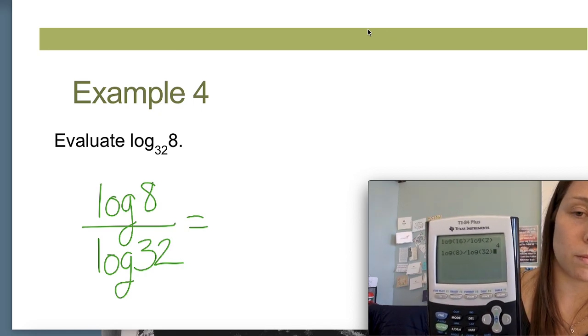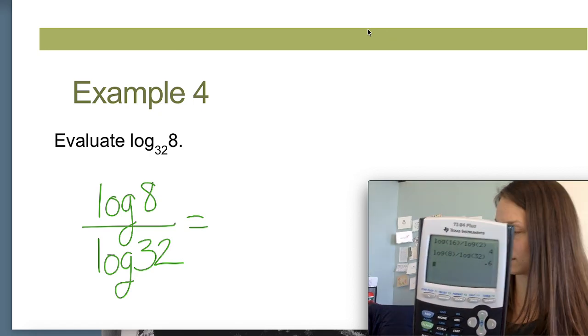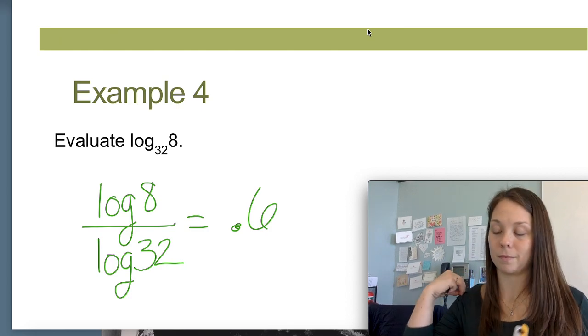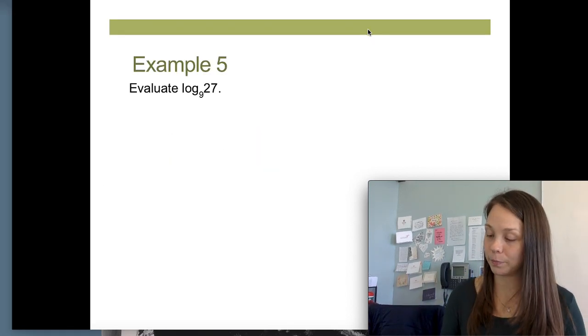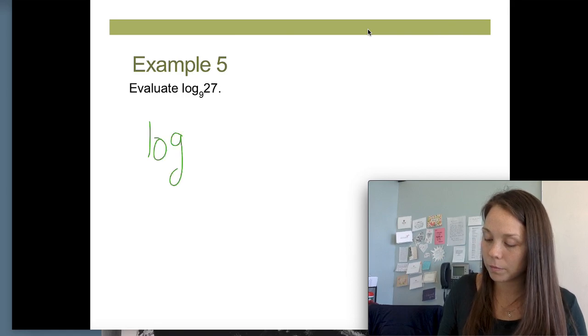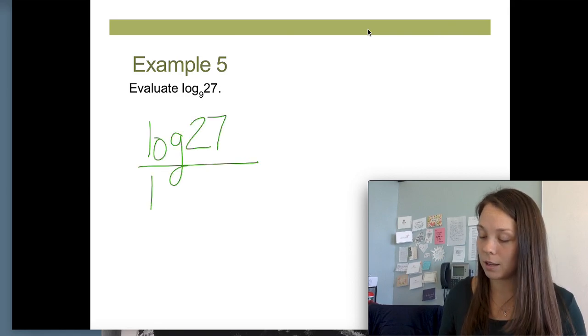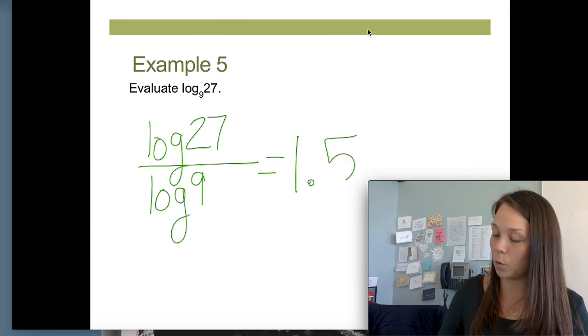There we go. And I hit enter, and I get 0.6. So let's do that one more time with example 5. Using change of base, I'm going to have log of 27 divided by log of 9. Typing that into the calculator, and I get 1.5.